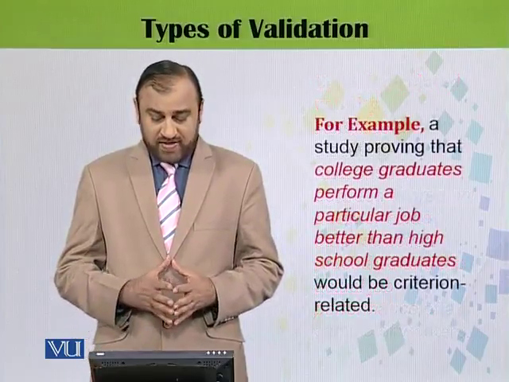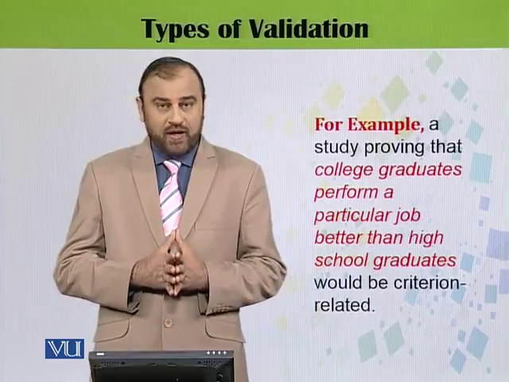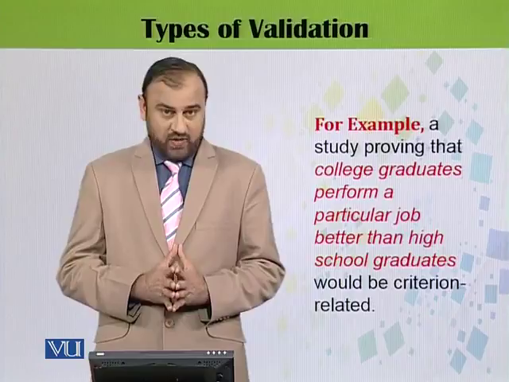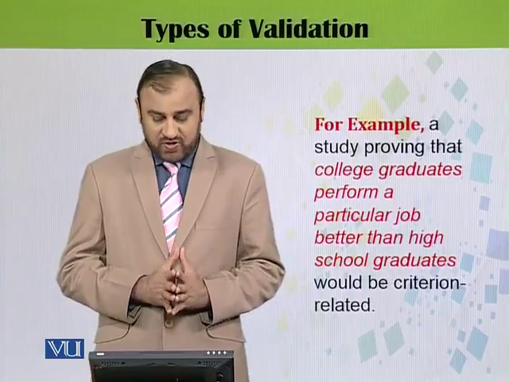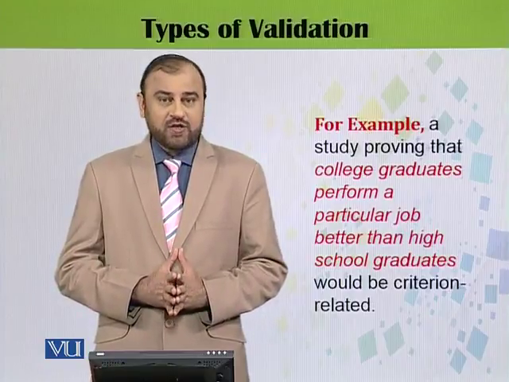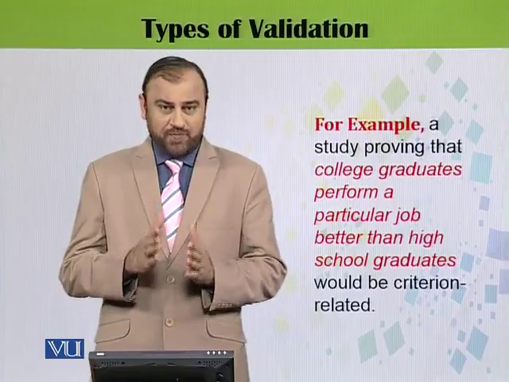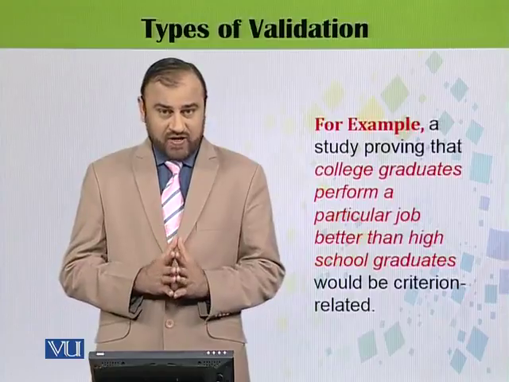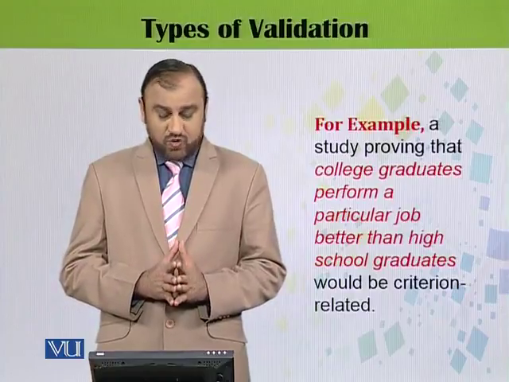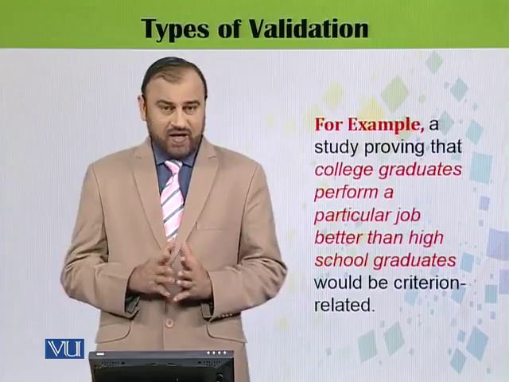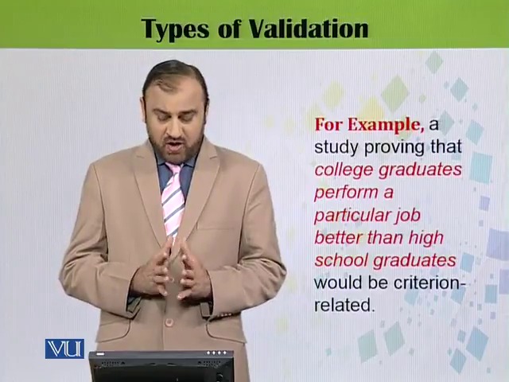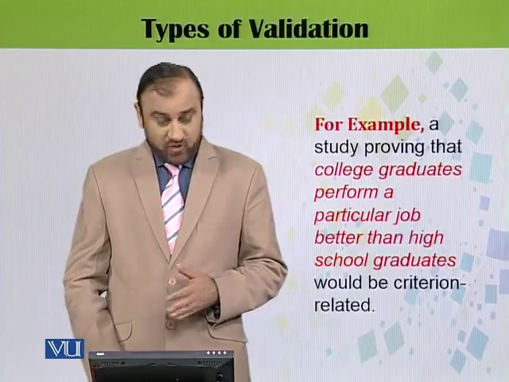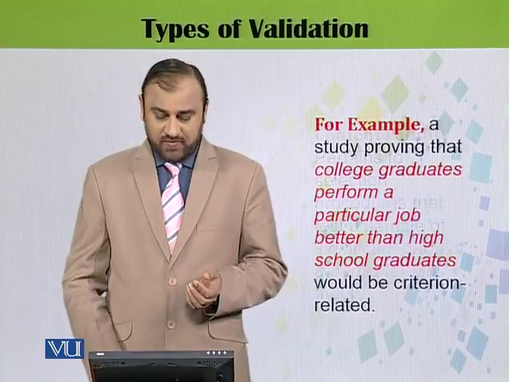For example, a study proving that college graduates perform a particular job better than high school graduates would be criterion related. If you are comparing the success of college graduates with the other school graduates, you can tell which group performs better on particular aspects of the job. So it would be criterion related validity.